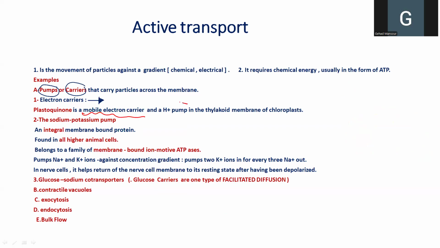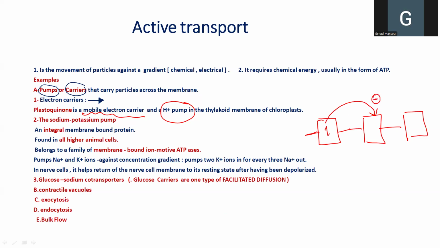But you will find that many of the electron carriers, say for example that this is the first protein electron carrier on the inner membrane of the mitochondrion, and this is the second one. These electron carriers transfer electrons from carrier number 1 to carrier number 2, and then carrier number 2, as we will see later on in full detail, will carry the electrons to number 3.